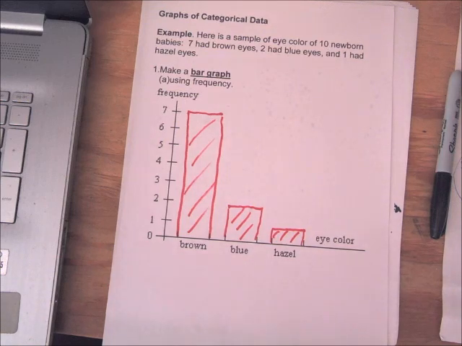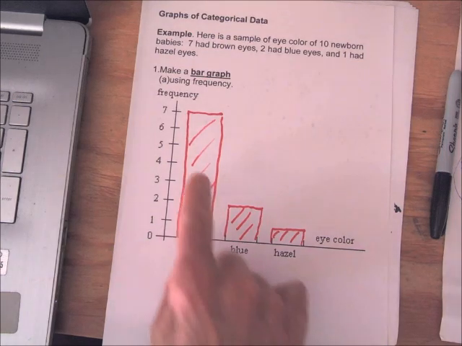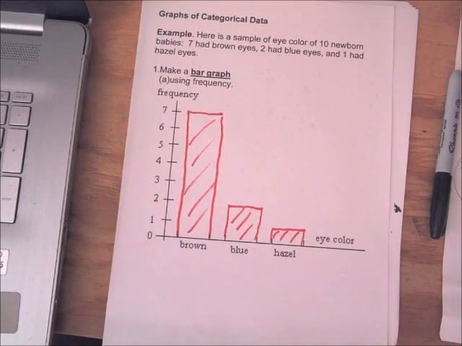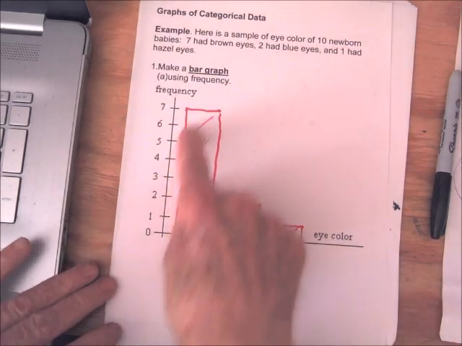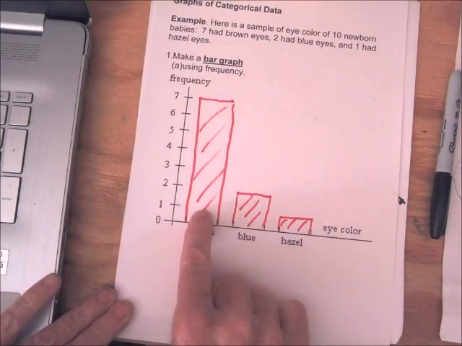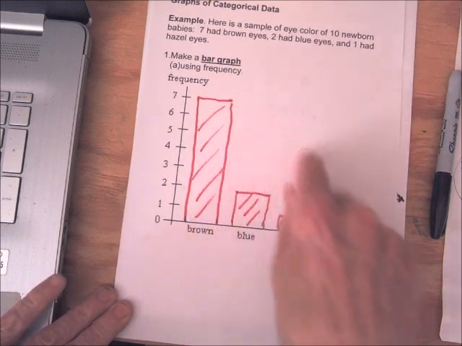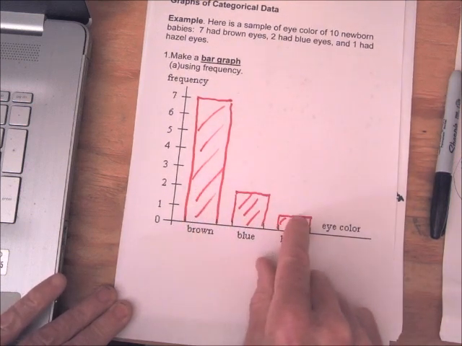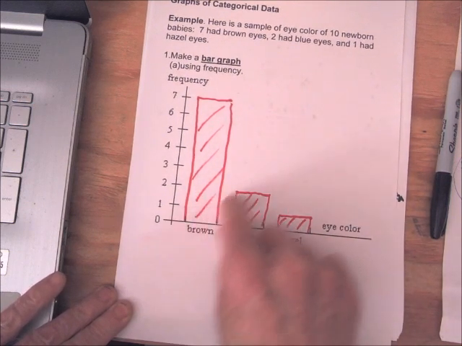And the other thing about bar graphs compared to histograms is that we don't talk about skewness. You might think that this graph is skewed right because the longer tail is on the right, but if we put the brown in the middle instead of on the left side, then it's going to look symmetric. Or if we put brown on the right side, then it's going to look skewed left.